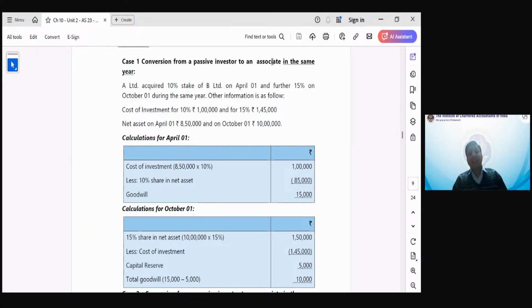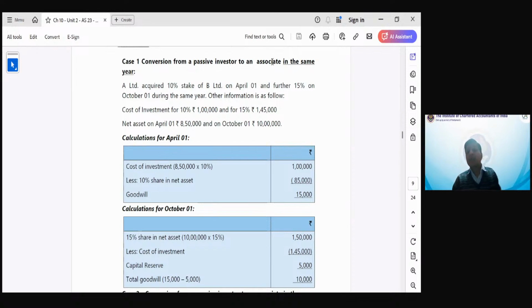But can you just increase the cost of investment? So let's suppose if you pay 100 to acquire something, and the net assets that you are getting against this 100 is 120. Yeah. So can you just increase the cost of your investment from 100 to 120? Tell me, Riddhi, can you do that?